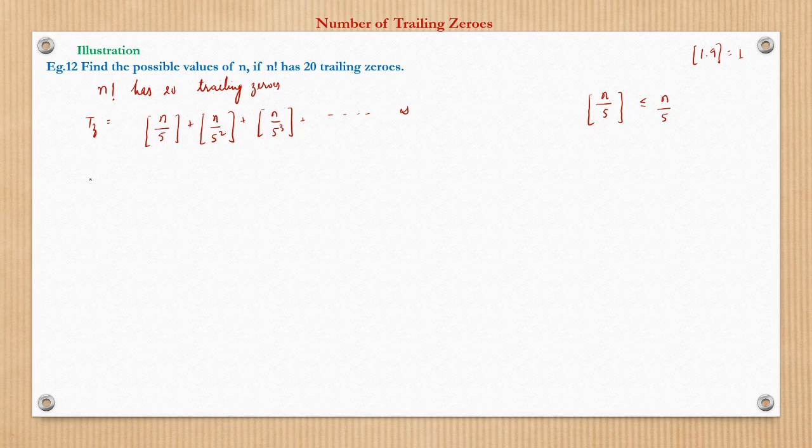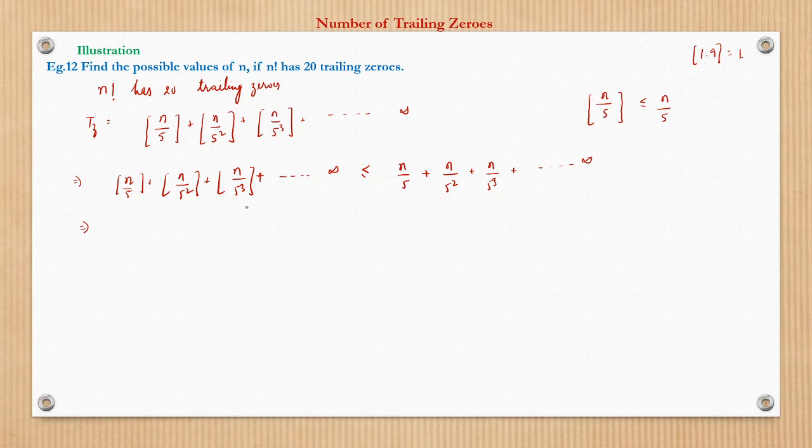So this we can write as n by 5 plus n by 5 square plus n by 5 cube, so on till infinity, will be less than or equal to n by 5 plus n by 5 square plus n by 5 cube till infinity.